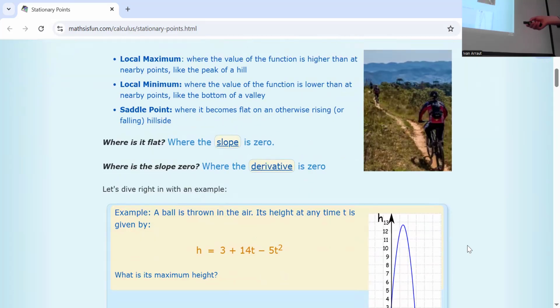This example, I want you to work on by yourself to demonstrate to me that you can calculate maximum and minimum. And after this, we will go to some optimization problems. So please try to calculate with this function here.